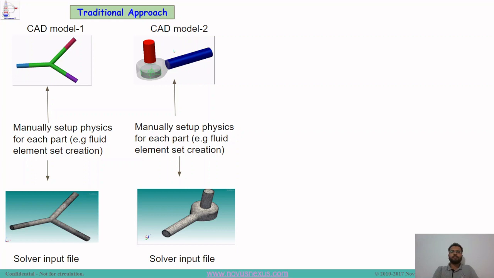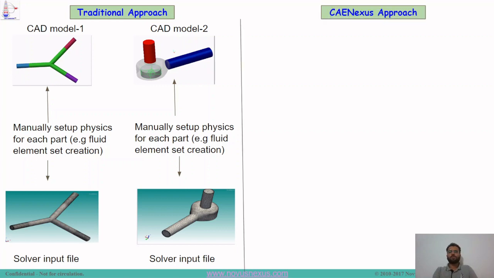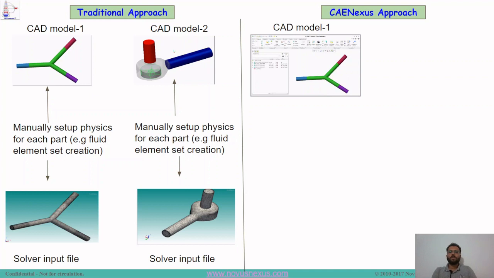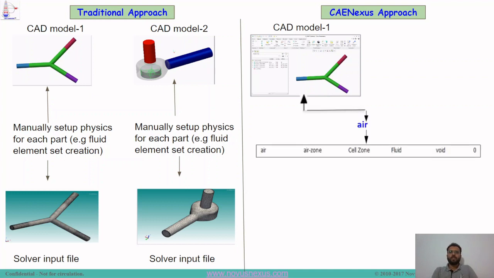But in the CAENexus approach, the user needs to define boundary conditions and cell zone conditions, or the solver physics, using the abstract classes, and the abstract model file will be ready.